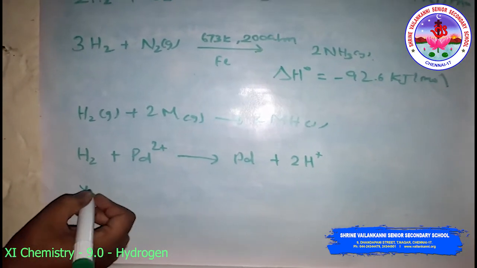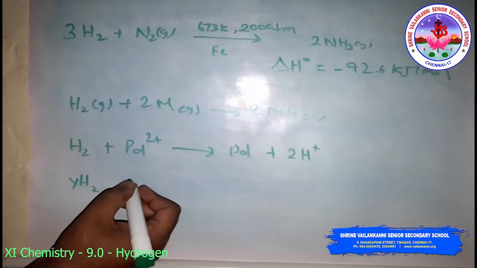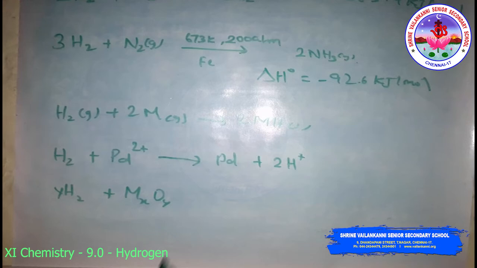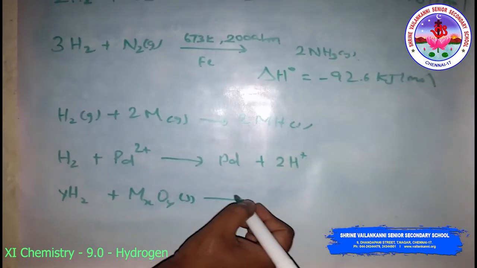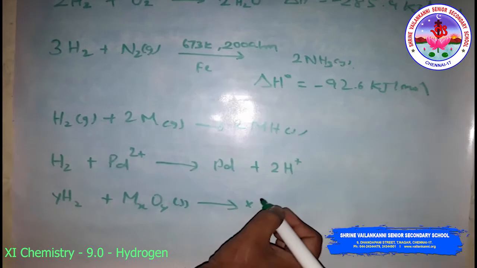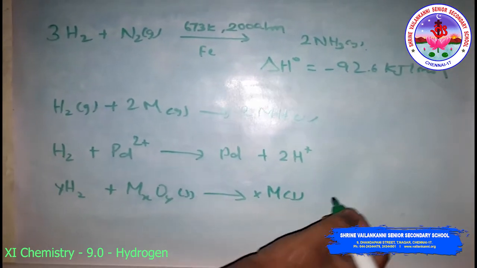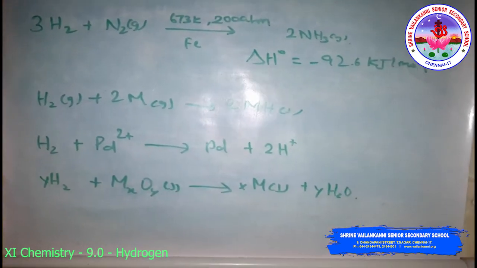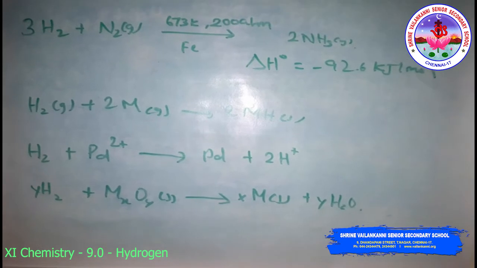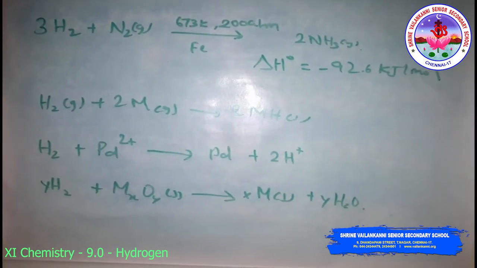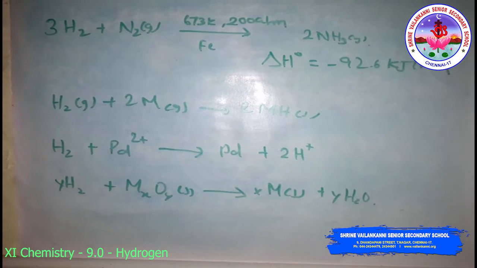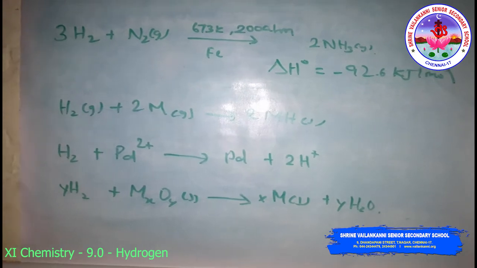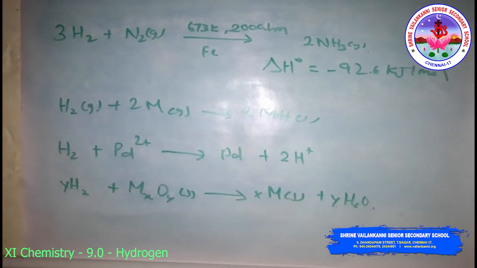Similarly, y moles of hydrogen gas react with MxOy solid to give xM solid and y H2O liquid molecules. Then the reaction with organic compounds: dihydrogen reacts with many organic compounds in the presence of a catalyst to give useful hydrogenated products of commercial importance.